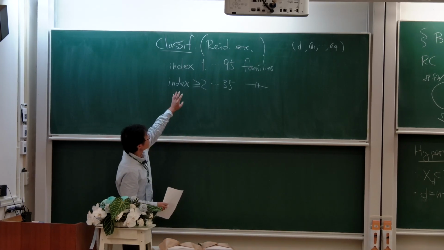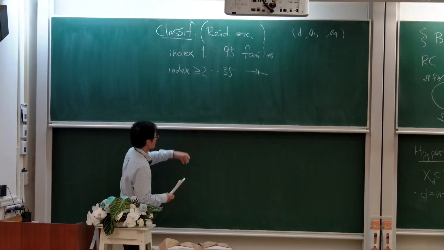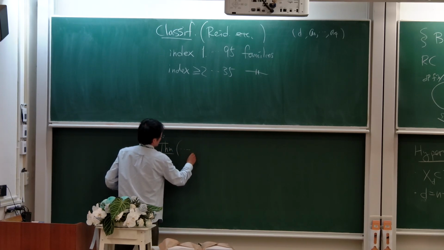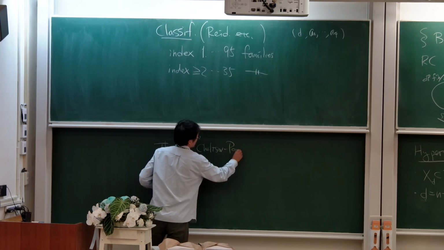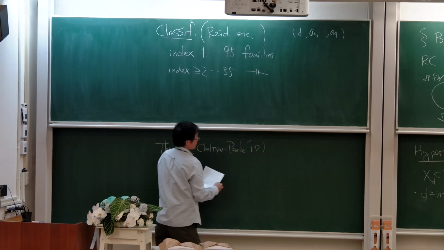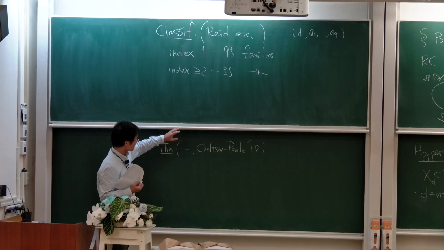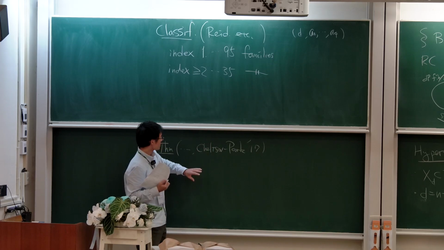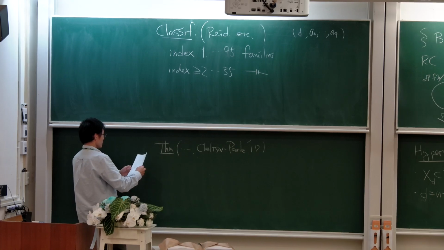And from now on, I will explain the known results. First of all, this theorem is due to Iskovskikh-Manin for quartic threefolds, and then some other contributions. Cheltsov solved the following result.